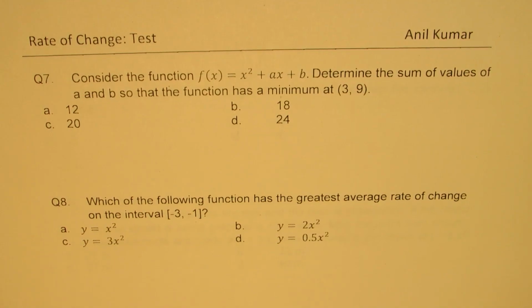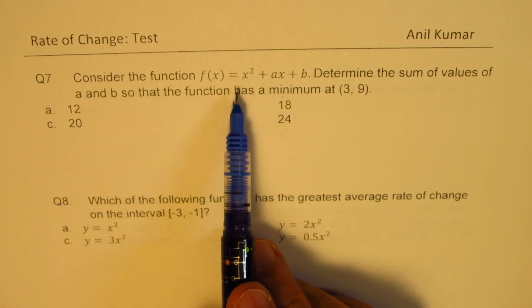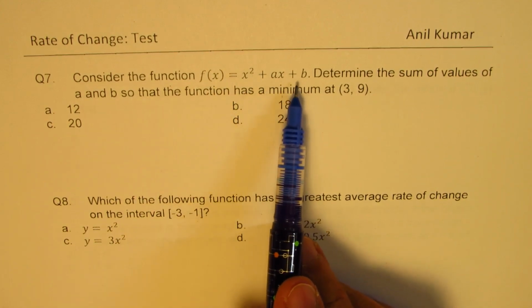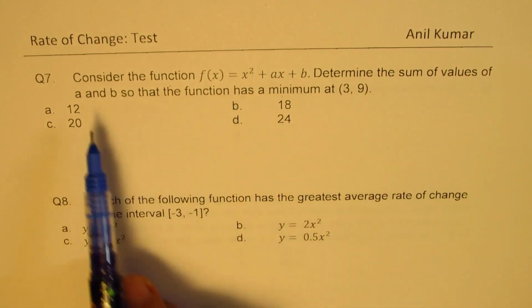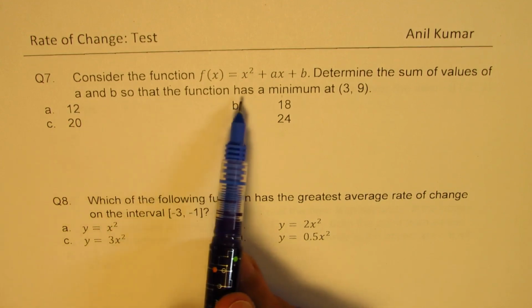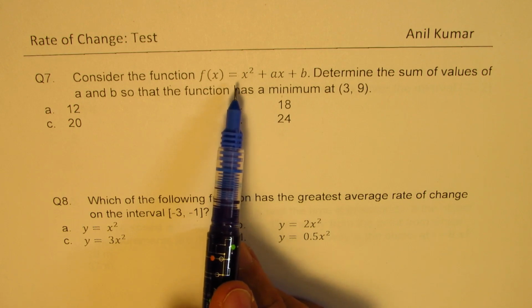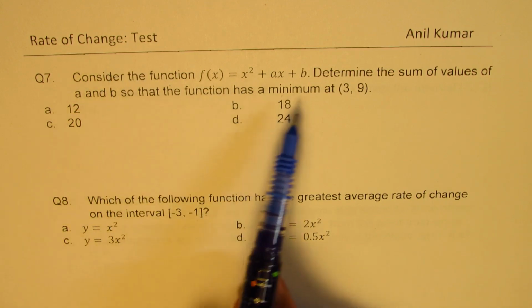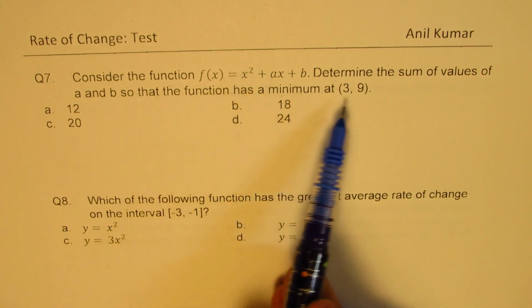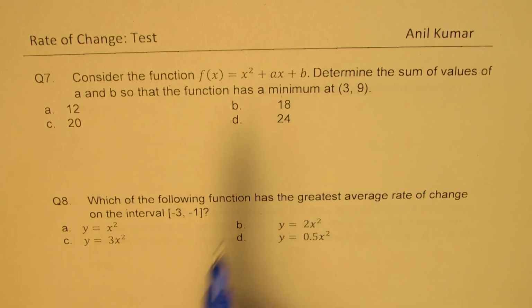Question number 7. Consider the function f of x equals x squared plus ax plus b. Determine the sum of the values of a and b so that the function has minimum at 3 and 9. So here, instead of using rate of change, we can actually find a function with minimum at 3 and 9.